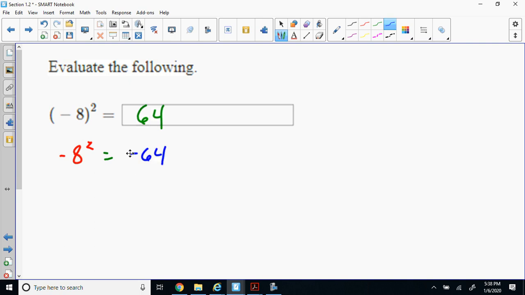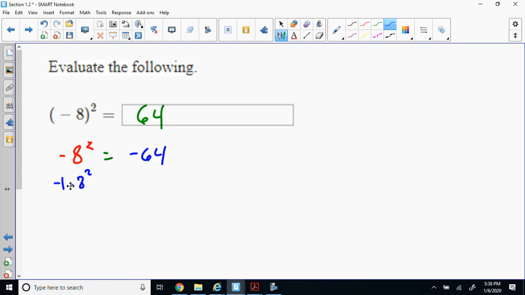Anybody know why? If you look at the order of operations, this is really -1 times 8 squared. You do your exponents first, then the multiplication. So putting that -1 there, have I really changed the overall equation? No.